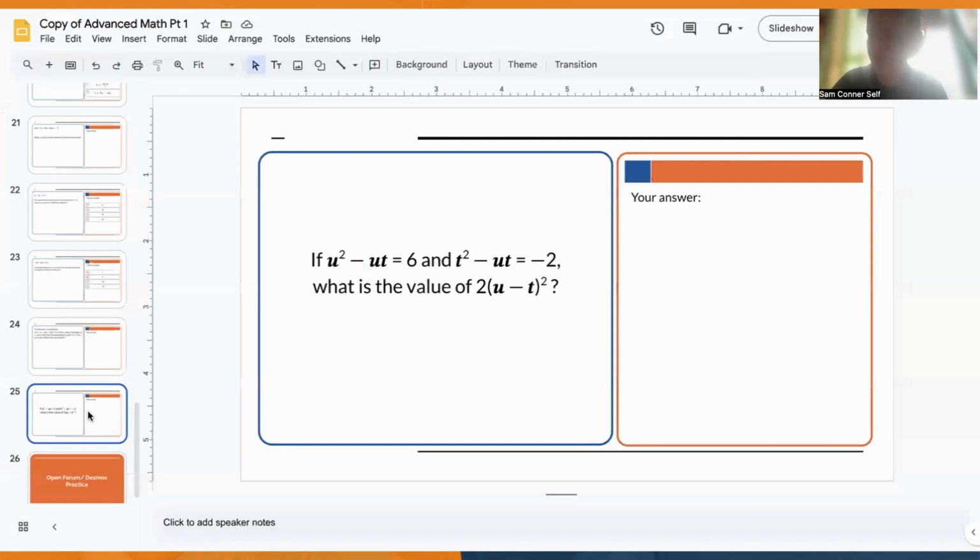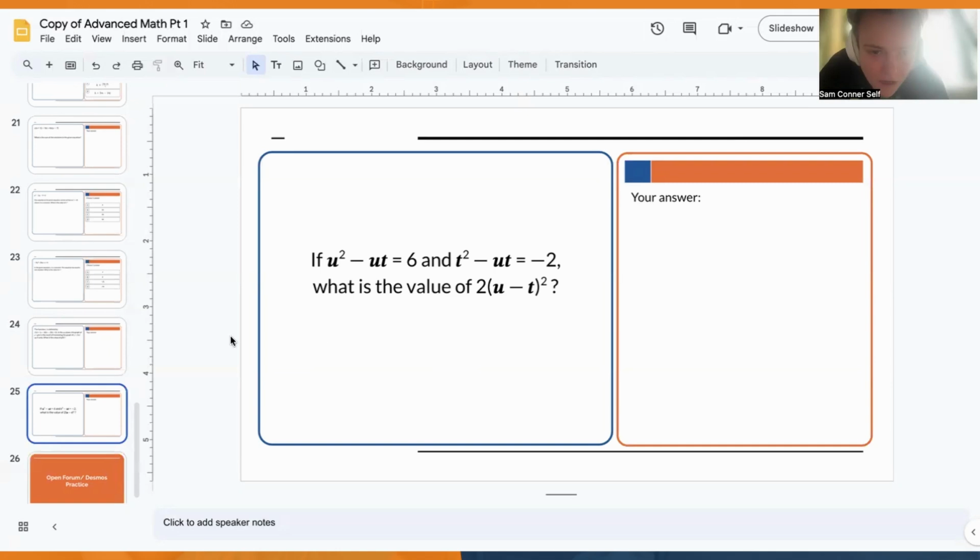We'll go ahead and talk about this last practice problem. They say if u squared minus ut equals 6 and t squared minus ut equals negative 2, what is the value of 2 times u minus t squared?